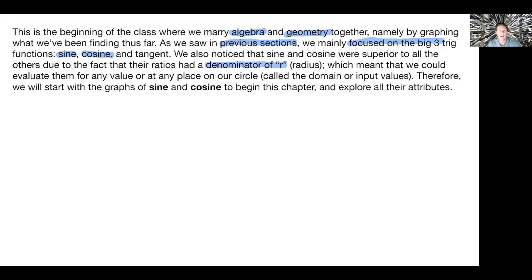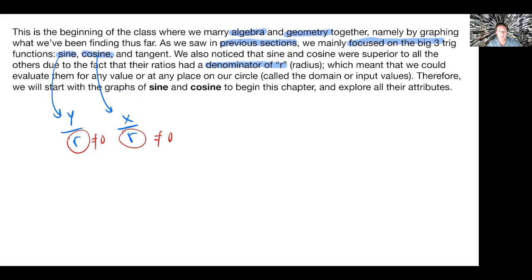That's because sine and cosine, remember, are the y over r and x over r respectively. When we get these ratios out for any angle, the nice thing is we have the radius in the denominator, which can never equal 0 because it's a length.